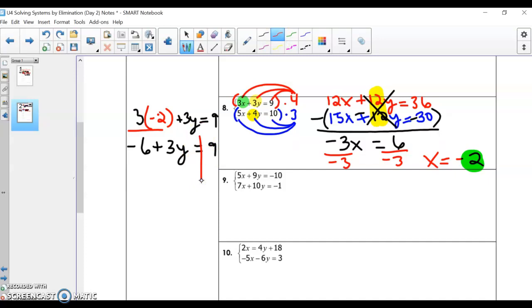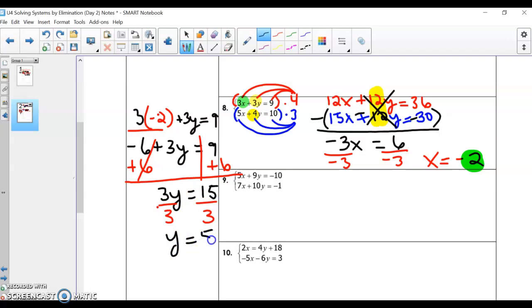You need to move this negative 6 first, so you're going to add 6. These cancel out on this side. You're left with 3y equals 9 plus 6, which gives me 15. And then 3y equals 15. You have to divide by 3. Y equals 15 divided by 3, which gives me 5.